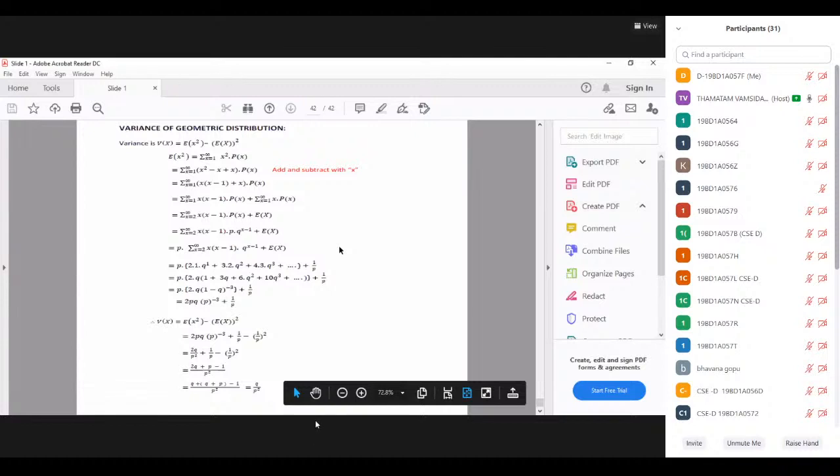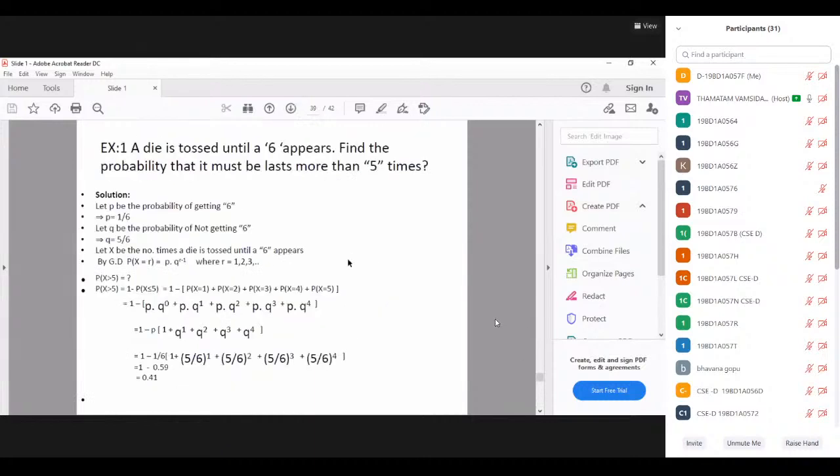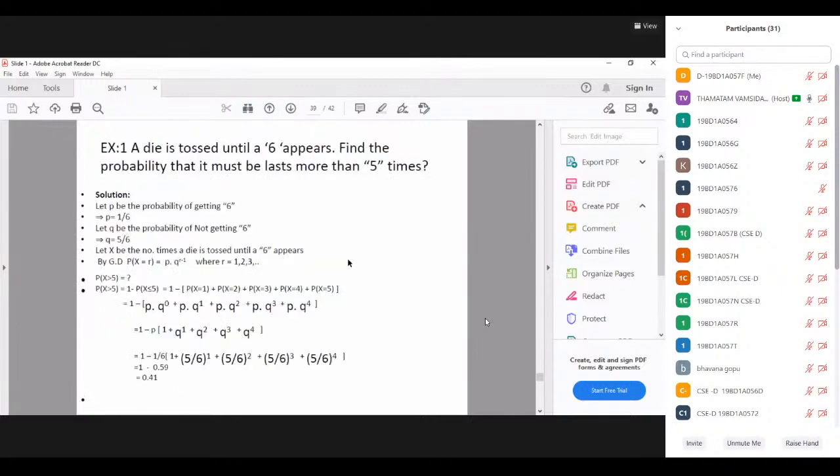I hope all of you understood these two. This is just revision class. We only completed this topic. Still, do you have any doubts? I will clarify now. Otherwise, I will start problems on this one. Shall I start the problem, or do you have any doubts in mean and variance?